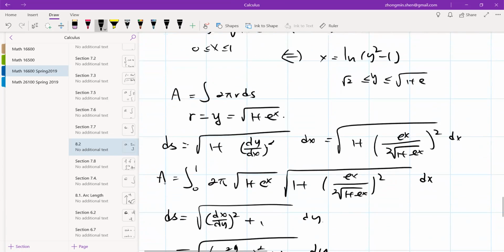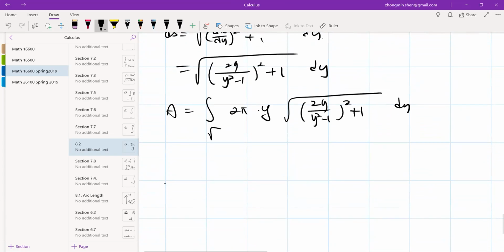It goes from square root 2 to square root 1 plus e. All right, so you get two different integrals. I just asked you to set up the integrals for the surface area. You don't need to evaluate.